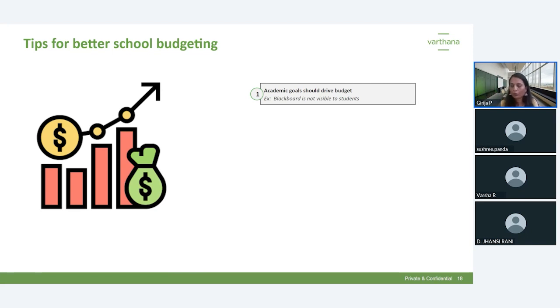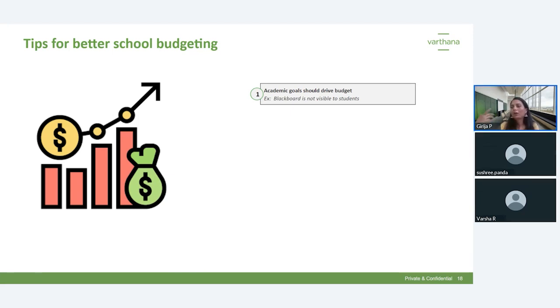So you keep a budget for that, and you need to invest in this, to make your classrooms more interactive, a more creative space for all of us.